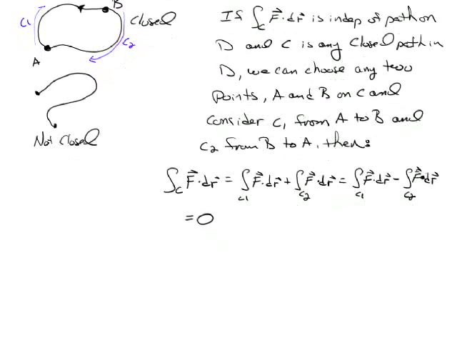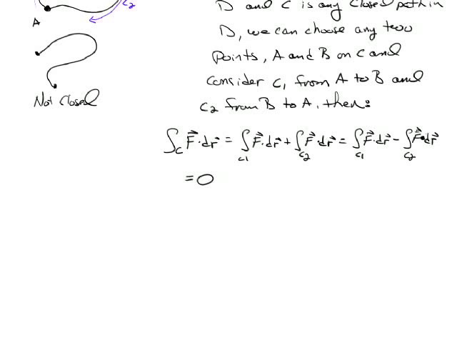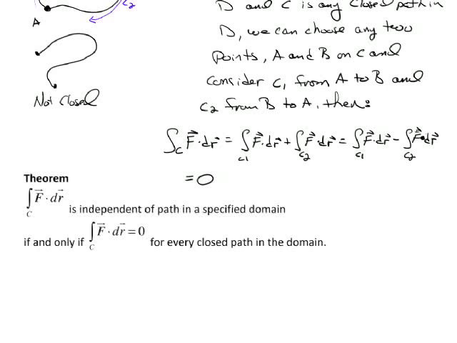Now, this brings me to a theorem. The line integral of f dr is independent of path in a specified domain if and only if the line integral of f dr equals 0 for every closed path in the domain.